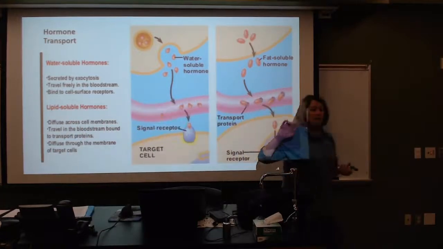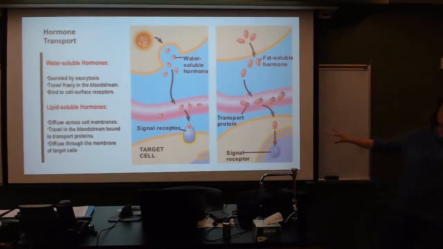Since a lipid-based one is the one that's going to make its way to the actual gene on a chromosome. And an example of those are the sex steroids, okay?